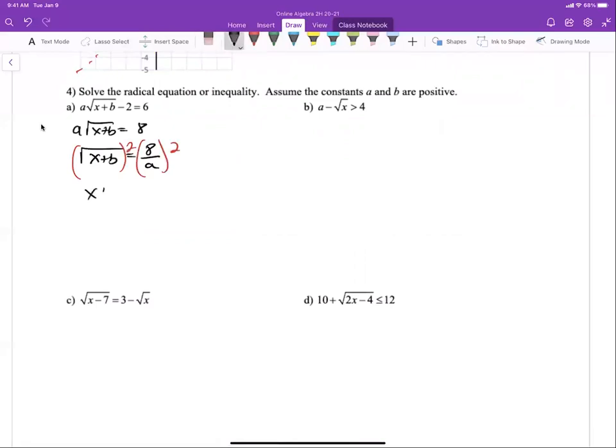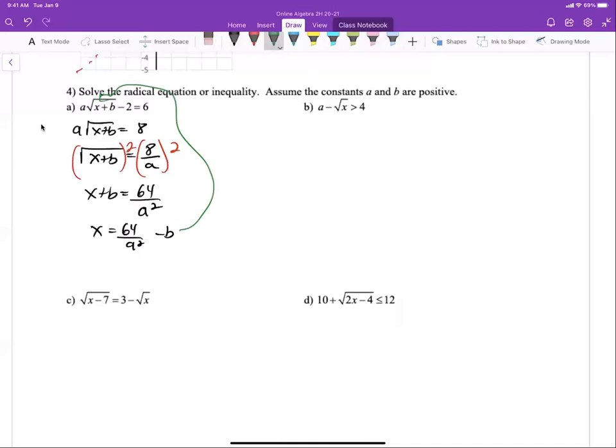And we'll get x plus b is equal to 64 over a squared, and then we will subtract b. And we will then take this answer and confirm that it is an actual solution by plugging that answer into x.